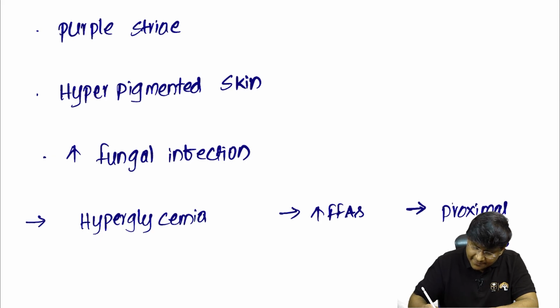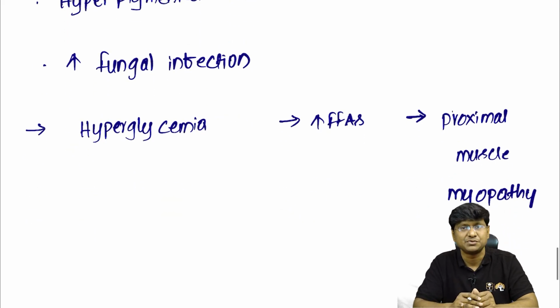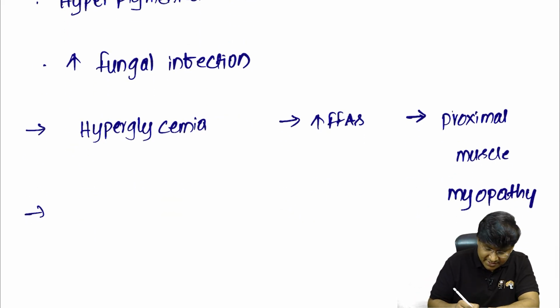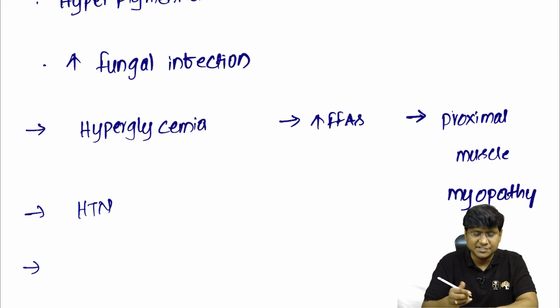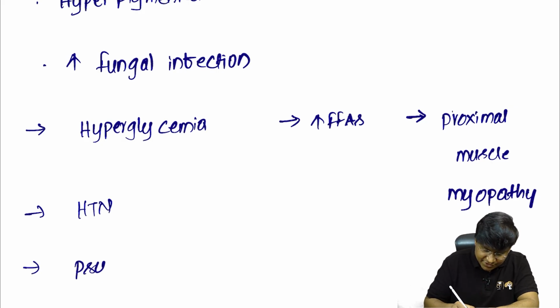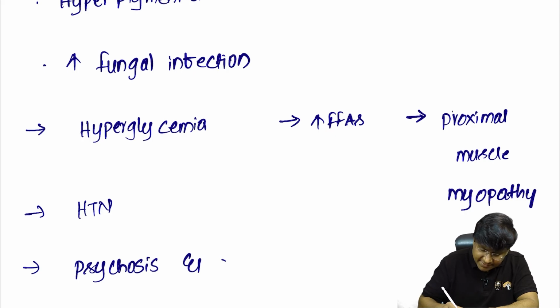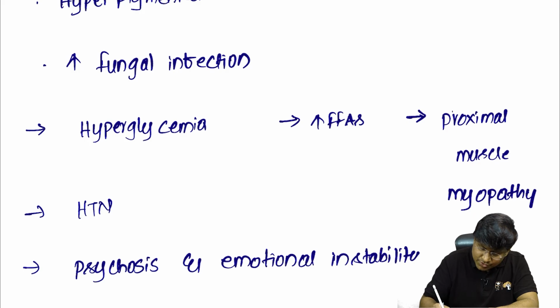So these will be the abnormal metabolisms that you will have in patients with the Cushing's. And cardiovascular system manifestation is that these patients will have hypertension, and CNS manifestations are that these patients will have psychosis and emotional instability. So these will be the central nervous system manifestations in patients with the Cushing's.